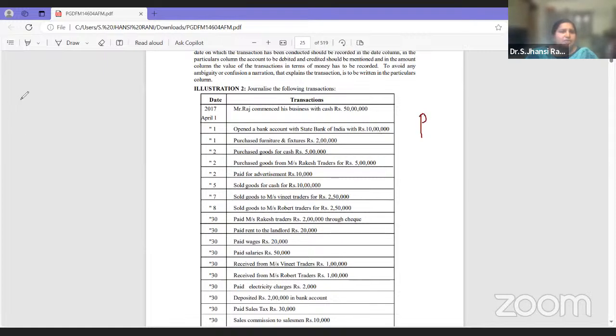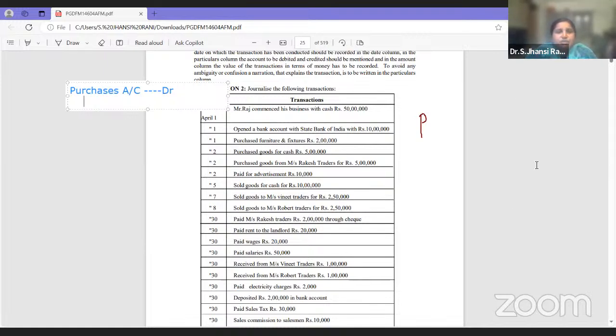Purchases account debit. So whenever we are purchasing something that is coming into the business, we are paying cash.